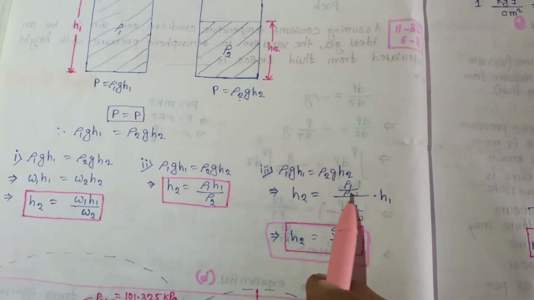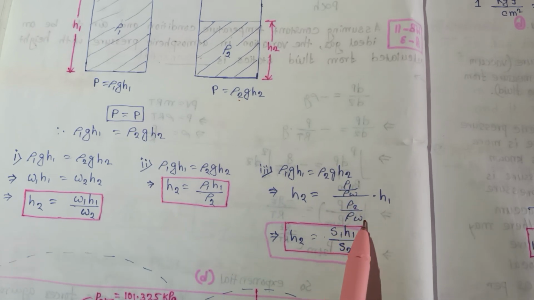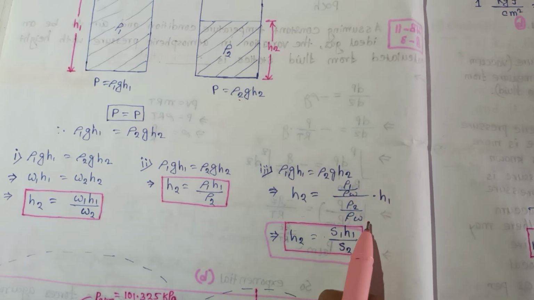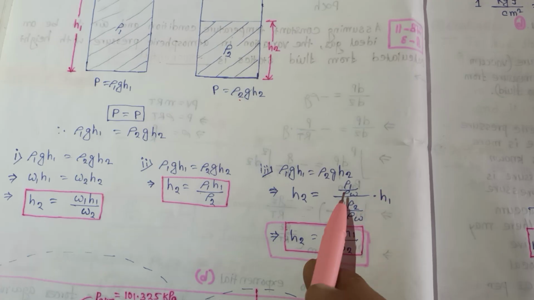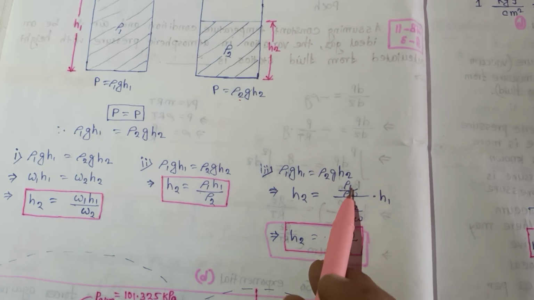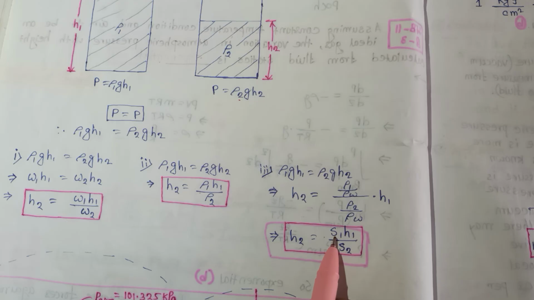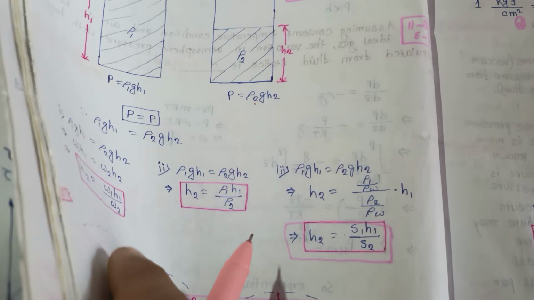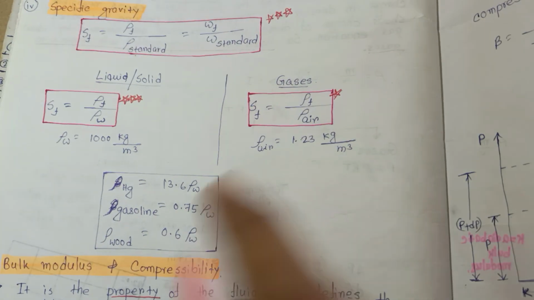Dividing ρ1 and ρ2 both by rho of water, that is, multiplying numerator and denominator on both sides by rho of water, ρ1 by rho of water is equal to s1, the specific gravity.